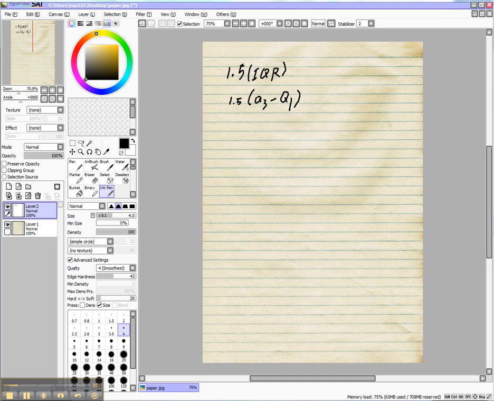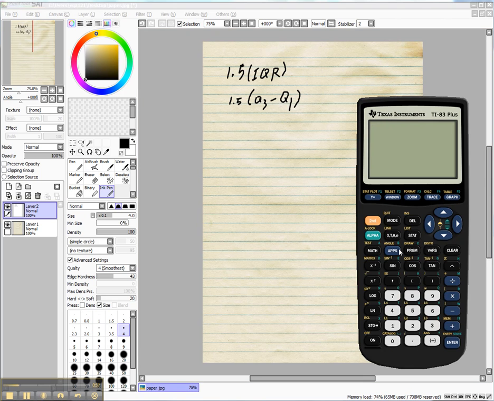All right, so from the information that we got from inputting all of the scores and then going to stat, calculate, list one, scrolling down, we know that the third quartile is 605 and the first quartile is 390.